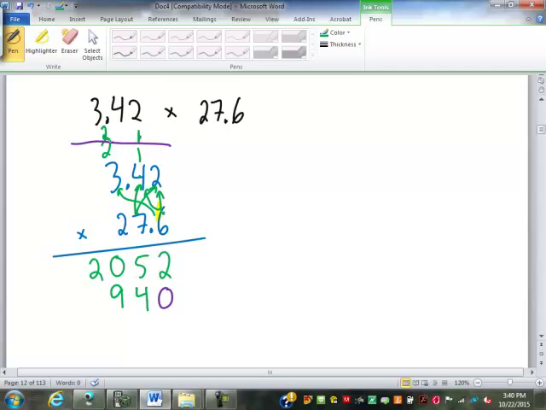So 9, carry the 2. Perfect. 7 times 3 is 21, plus 2 is 23. Carry the 2. Then what? Okay, we're moving over 2 spots, so 2 zeros here. So 2 times 2 is 4. 2 times 4 is 8. 2 times 3 is 6.